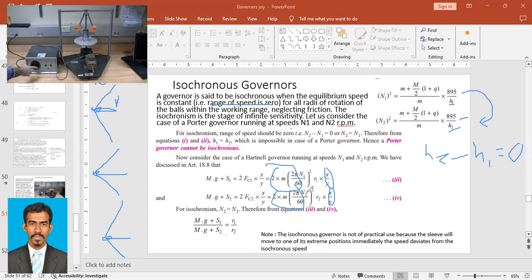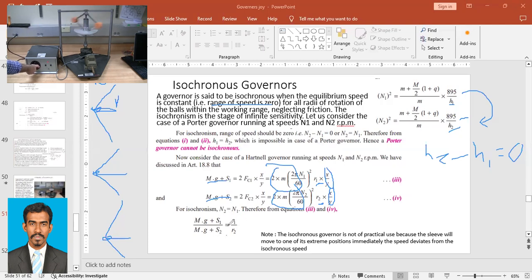The terms differing are r2, r1, mg plus S1, and mg plus S2. So from these two equations, when you equate, you will find (mg plus S1) by (mg plus S2) is equal to r1 by r2. This is possible. Why? mg is the same, but S1 and S2 are two different sleeve weights.